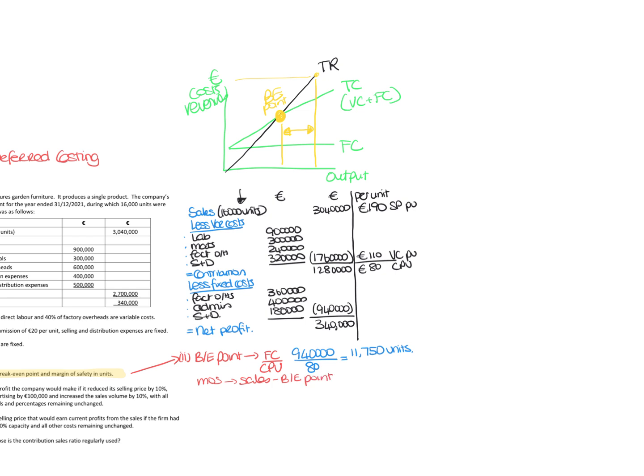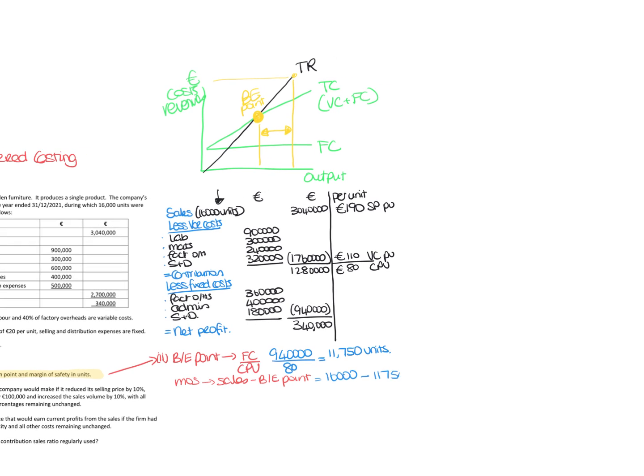So that is 16,000 units sales, which is up here, okay, minus my break-even, which is just here. And that gives me 4,250 units. So my sales can drop by 4,250 units before I will start making a loss. Okay, so that is that part done.